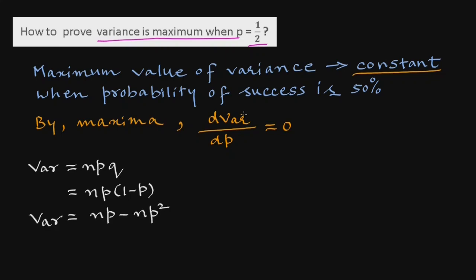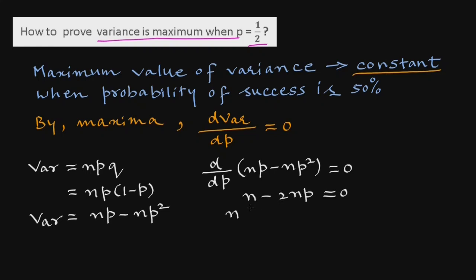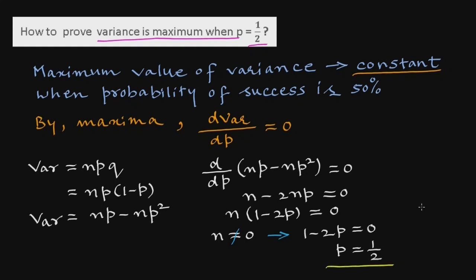Now, d by dp of np minus np square will be 0, which is n minus 2np equals 0, n into 1 minus 2p equals 0, which means n equals 0, which is not possible. Number of trials cannot be 0, which implies 1 minus 2p equals 0, p equals half. So it is proved that when p is half or the probability of success is 50%, variance is maximum.